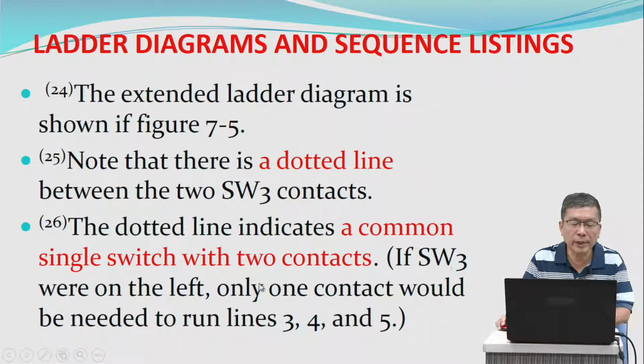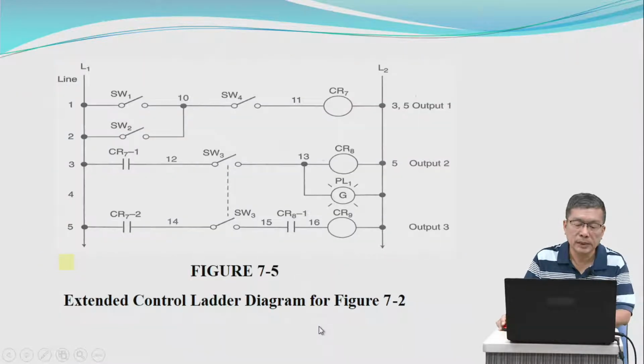If switch 3 were on the left, only 1 contact would be needed to run lines 3, 4, and 5. This shows the extended control ladder diagram.